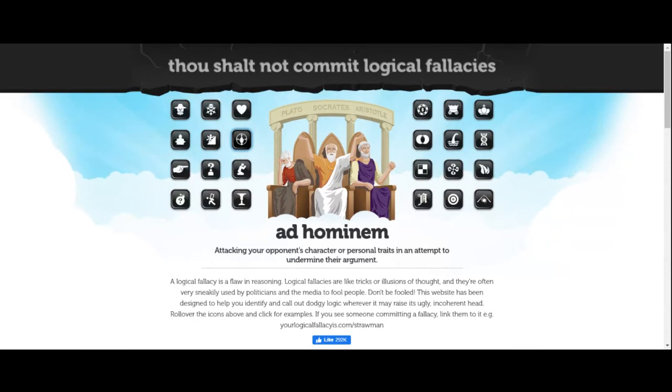Okay, so pretty much I want to go over some of the logical fallacies that come up a lot that you do not want to engage in, especially when you're doing classical arguments, because they will pretty much instantly invalidate your argument. It'll make it so that nobody's really going to believe you.